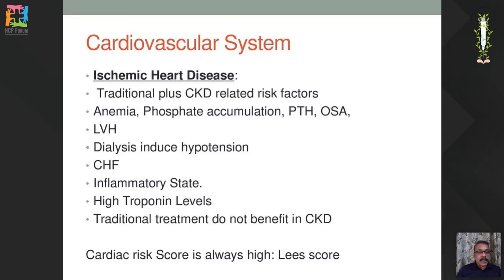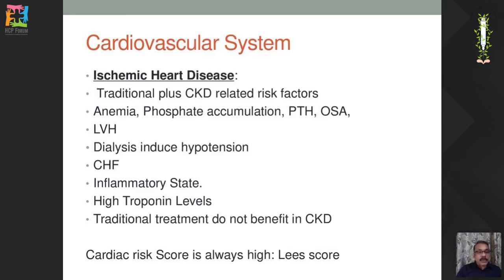On top of that, there are additional risk factors related to chronic kidney disease, like hypervolemia and hyperphosphatemia, which have a direct correlation with ischemic heart disease. Then there is an increase in cardiac workload, that means very high systemic vascular resistance and a high load of catecholamines. These are additional, like homocysteine, anemia, sorry. So they all put additional risk in regard to ischemic heart disease.